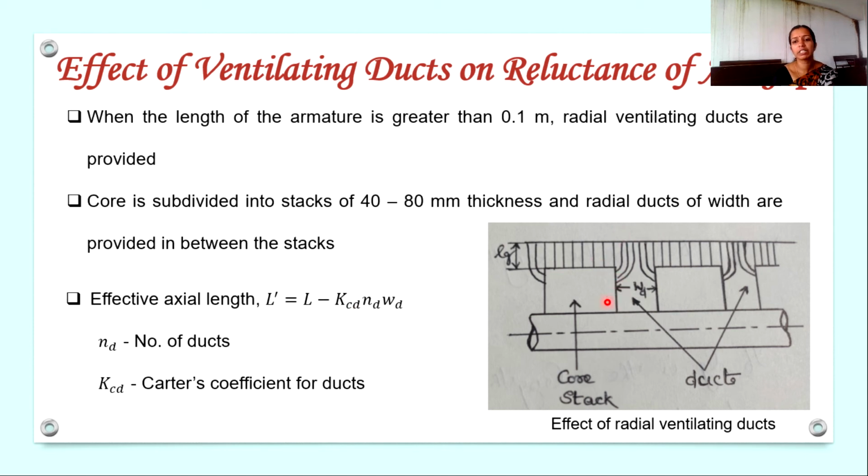So we are considering the width of the radial ventilating duct as WD, and if there are ND number of ducts, the total width occupied by the radial ventilating ducts is ND into WD. So we are subtracting the total length occupied by the radial ventilating ducts from the total length of the machine. അതായത് അങ്ങനെ ചെയ്യുമ്പോൾ എന്ത് കിട്ടും?